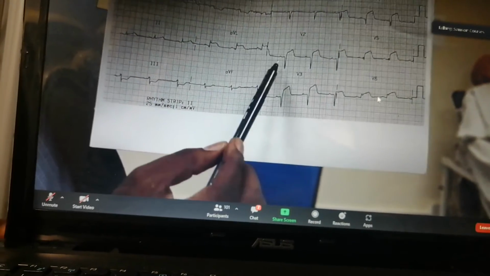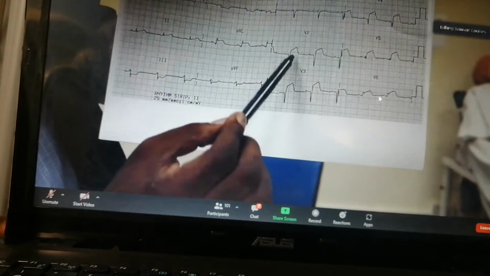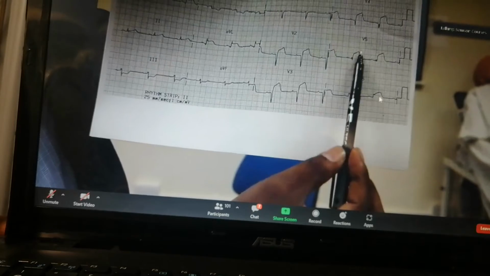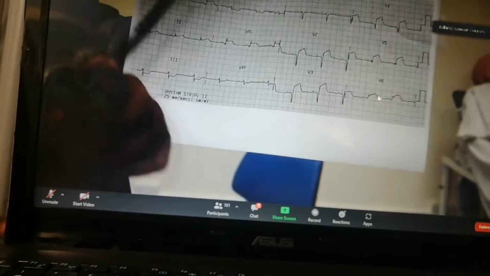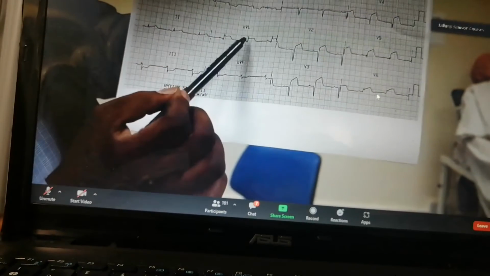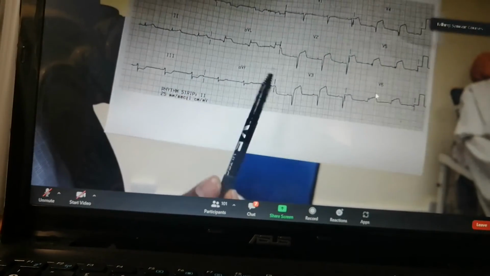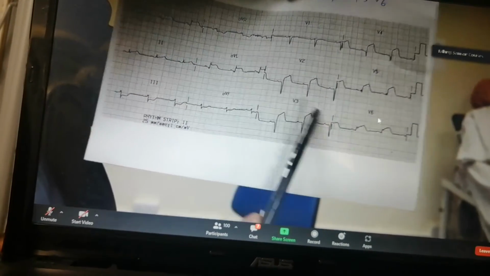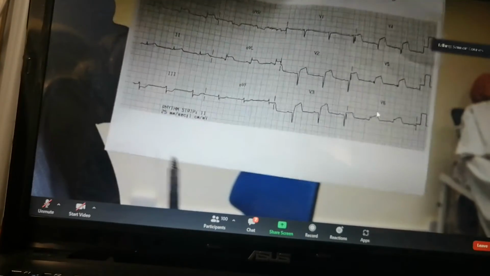Let's look at other types of MI. We look at this one, an ST elevation as well. Lead 2, ST elevation. Lead 3, ST elevation. Lead 4, lead 5, lead 6. If you look in lead 1 and lead AVL, there is ST elevation as well. So having an anterolateral MI.